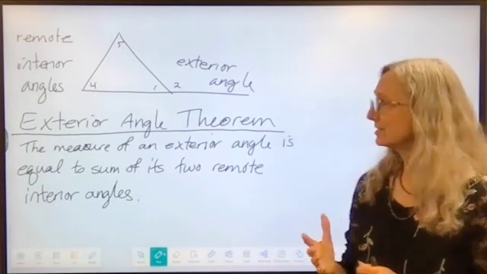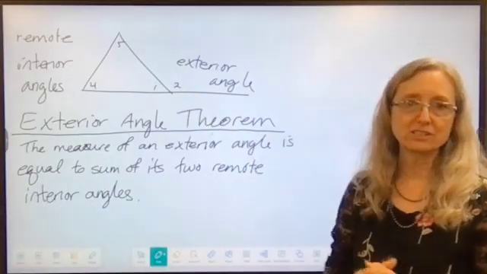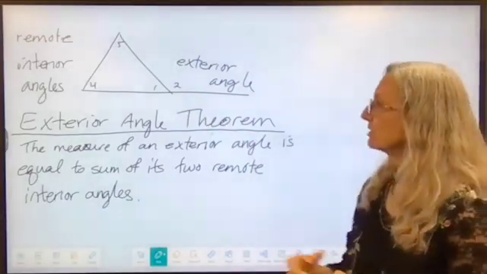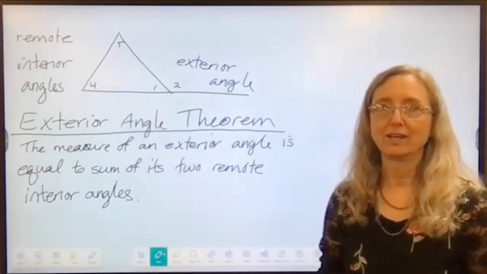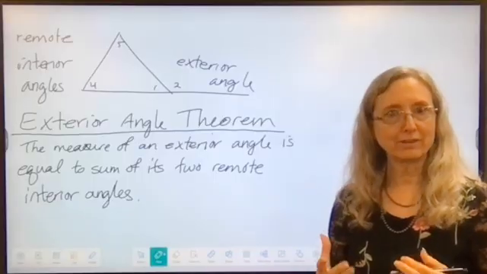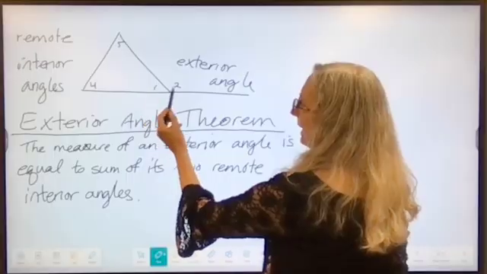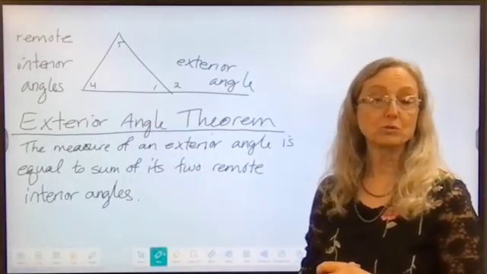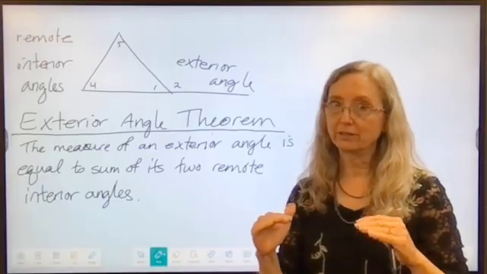Okay, so the exterior angle theorem states that the measure of this exterior angle is equal to the sum of the two remote interior angles, which may seem weird, but when you think about it, that makes perfect sense. Because I know if I add angle 2 to angle 1, I get 180 degrees because they're a linear pair.